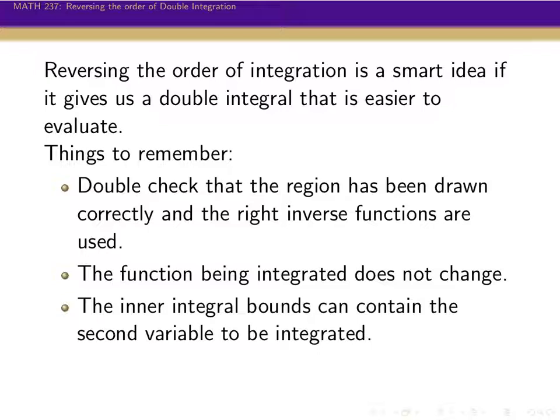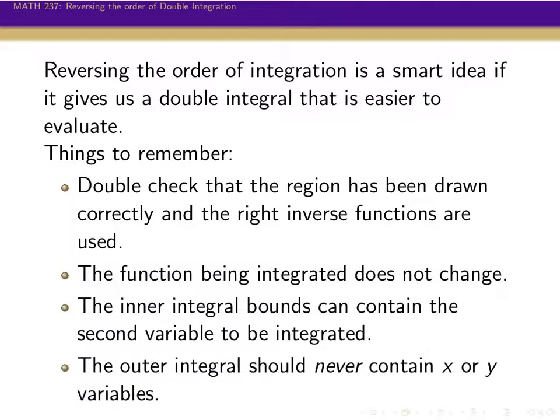And this is a rule that's the same for integrals over general regions: the inner integral bounds can contain the second variable that's going to be integrated. So if you're integrating in terms of y first, the inside bounds can contain x's. If you're going to integrate in terms of x first, the inner bounds can contain y's.